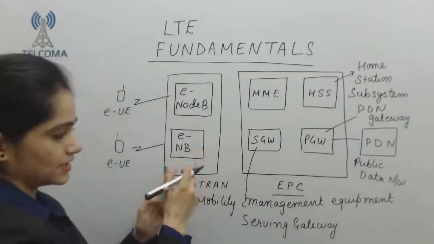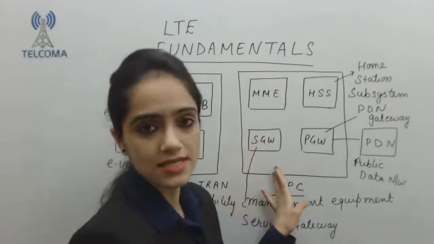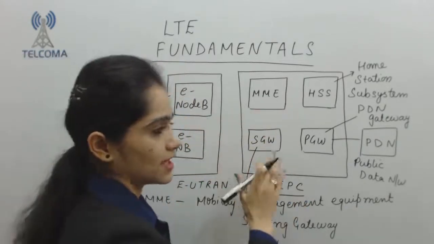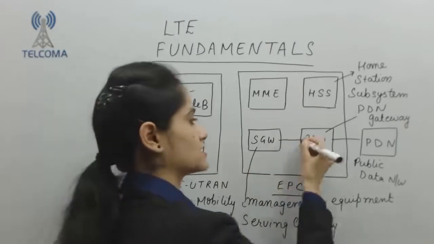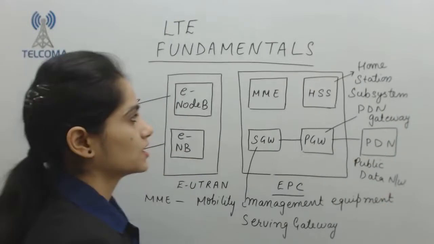So the eNodeB, that means the radio access network, has to contact the EPC. Every eNodeB is connected to the MME and the serving gateway, and the serving gateway is again connected to the PDN gateway and PDN.